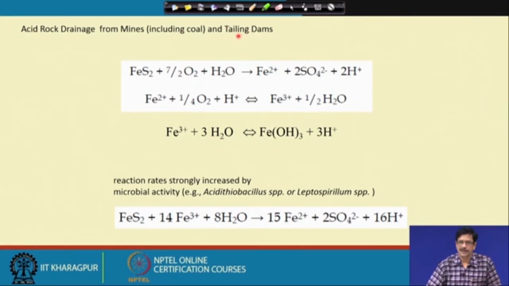And as we discussed in the last class, the processing of such metal sulfide ore bodies in the flotation and concentration process gives rise to waste in the form of tailings, and the tailings are accumulated in structures like tailing dams. They are not dams the way we know them, but areas where the topography and geology are favorable for the tailings to be deposited and to sustain such deposition for the life of the mine.